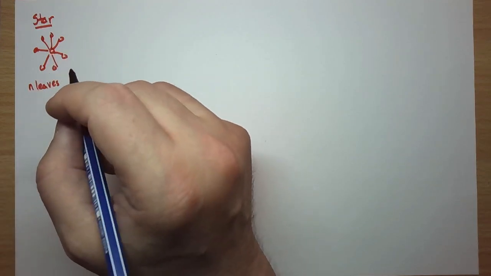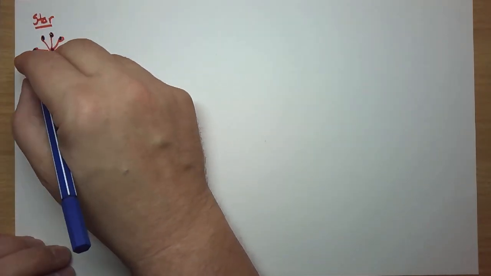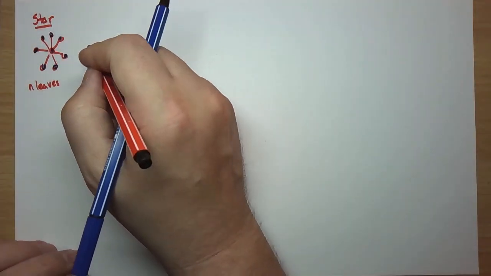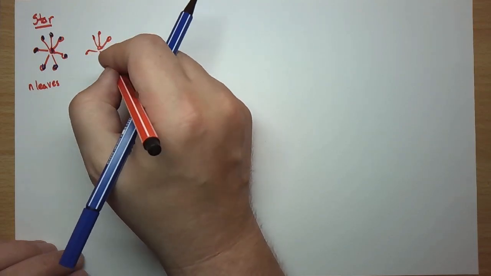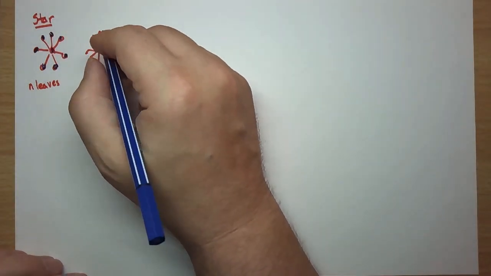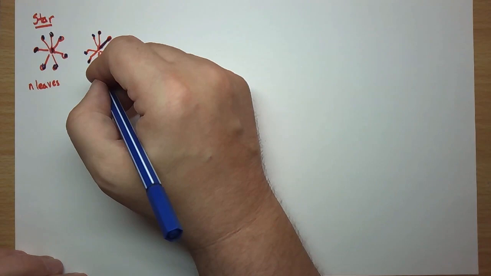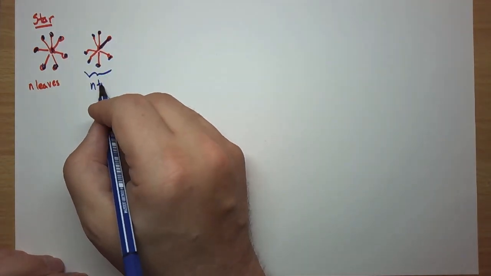So there's only 2 cycle decompositions. One of them looks like this. Now when I say 2 cycle decompositions, up to symmetry. And then the other one will have an edge and isolated vertices. And then this will happen n times.